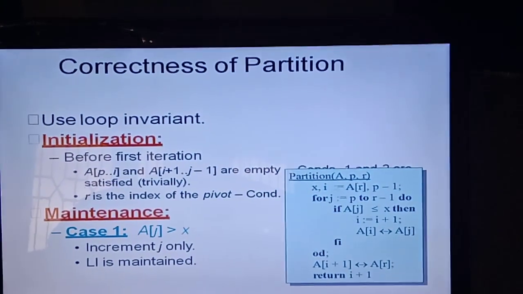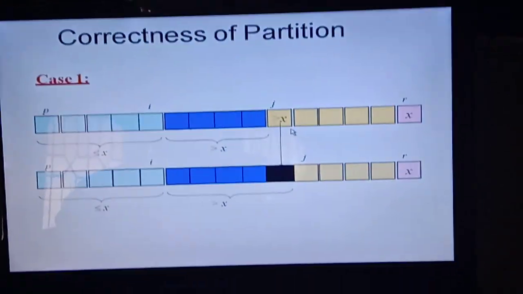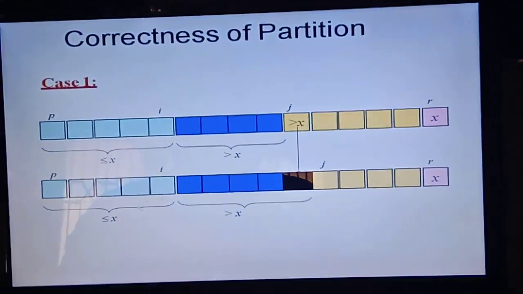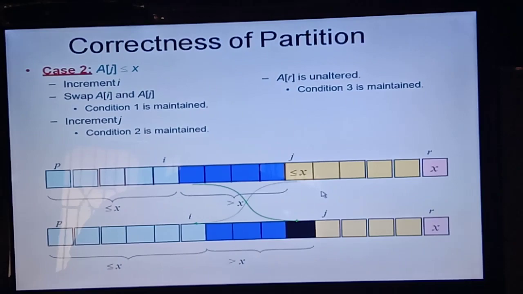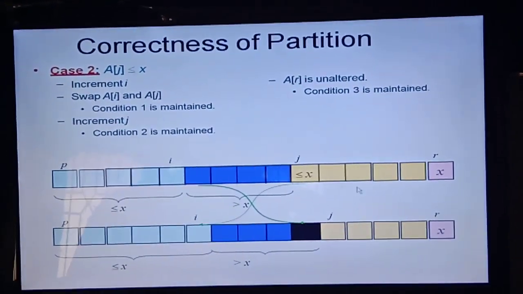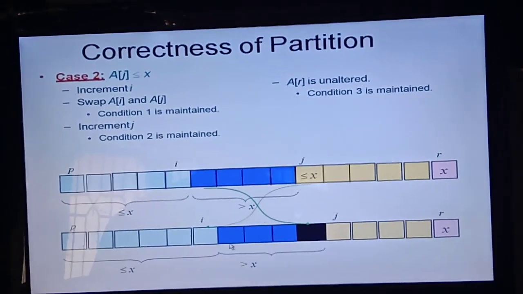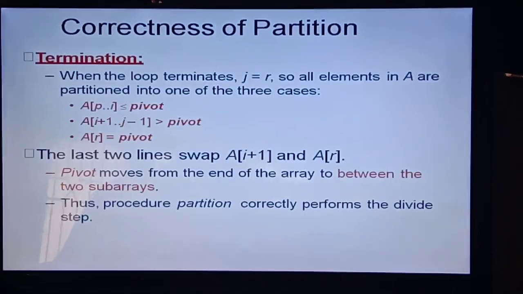If A[j] is greater than the pivot element, then no swapping, i remains at the same position and j is incremented. But in case 2, when A[j] is less than the pivot element, then i is incremented from the previous position to the next position and the elements are swapped.